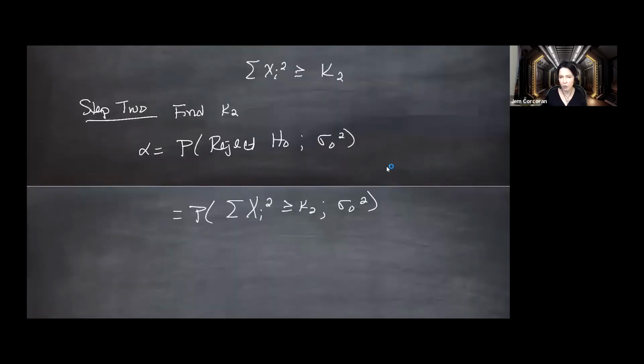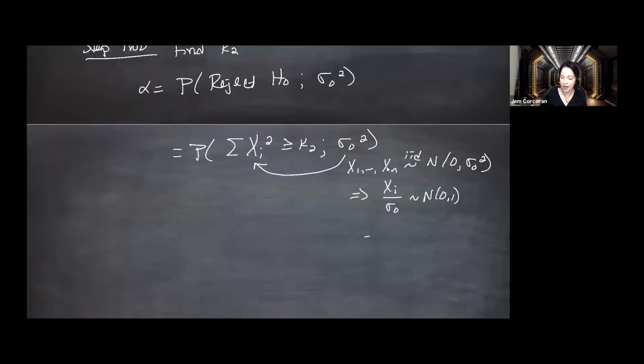Okay, so the X's were normal, 0, sigma squared. And there's a couple of ways we can go about this. We can use the fact that when the true parameter is sigma naught squared, that's saying that x1 through xn are IID normal 0 sigma naught squared. And so that implies that each xi divided by sigma naught is normal 0, 1.